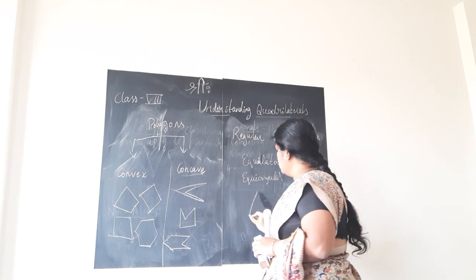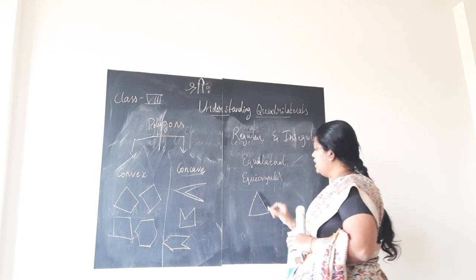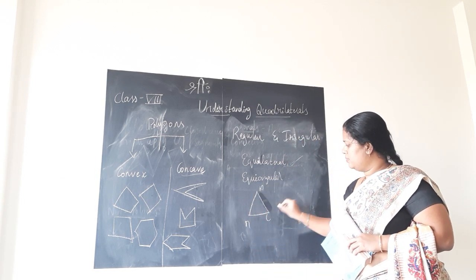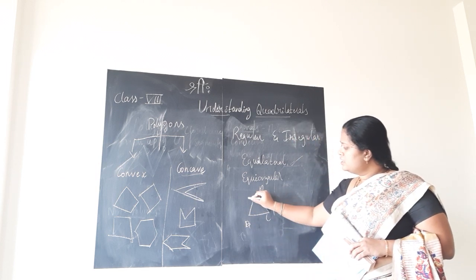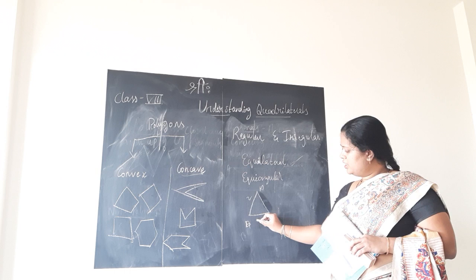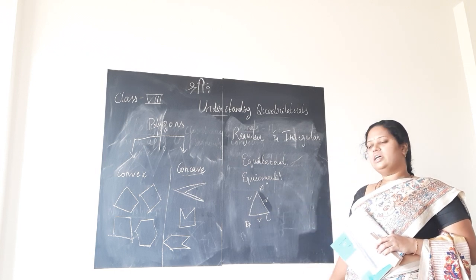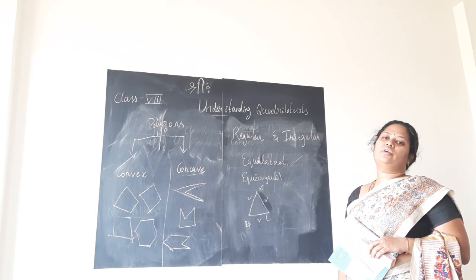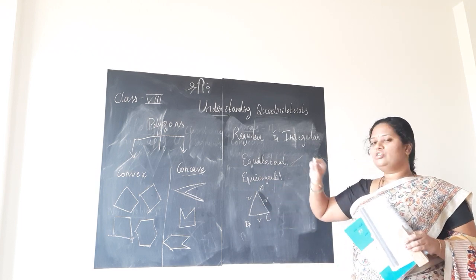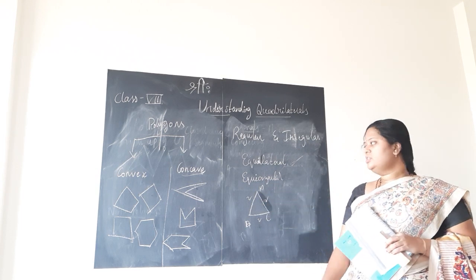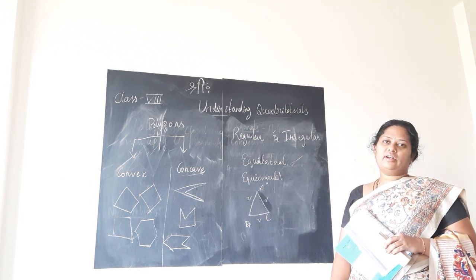The best example is the triangle ABC. If in triangle ABC, side AB is 2 centimeter, BC is 2 centimeter and side AC is also 2 centimeter, then all three sides of the triangle are equal. Such triangles are called equilateral triangles.